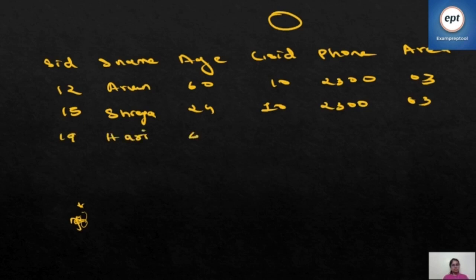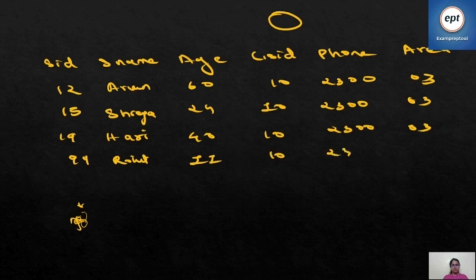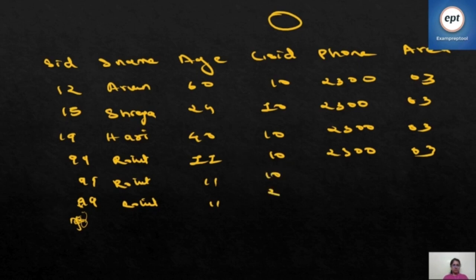It will be Hari, 10, this, and 3. Then it will be 99, Rohit. It will be 11, 10, and 3. Again it will be 99, Rohit, 11, 10, 25, and 99.